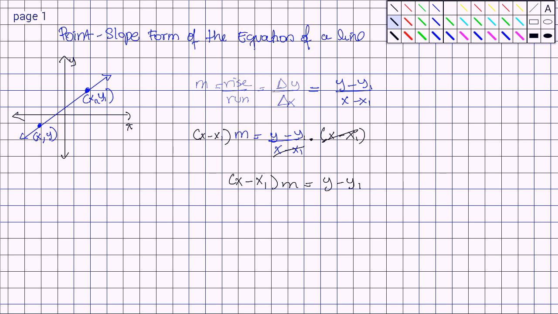Now, the notation is that we usually have the y's on the left, so I'm going to rearrange this. I'm going to say y minus y1 equals x minus x1 times the slope, and one last change, y minus y1 equals m times x minus x1.